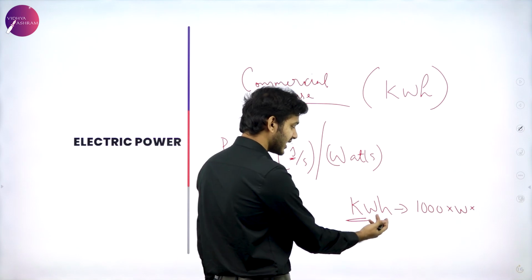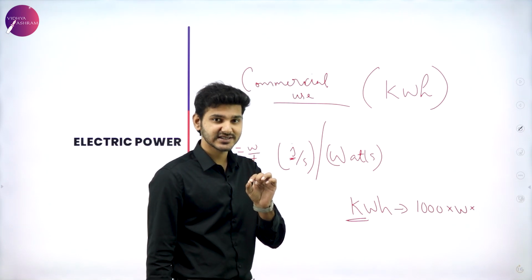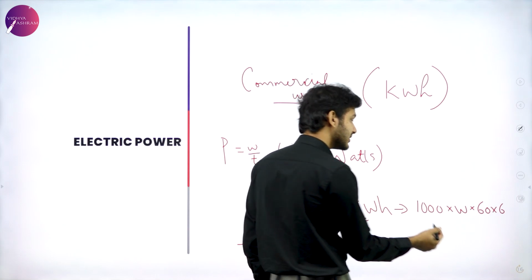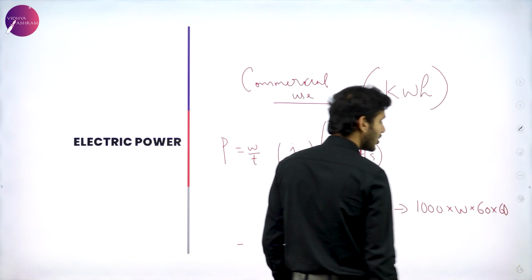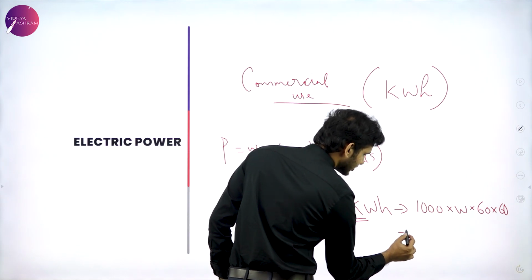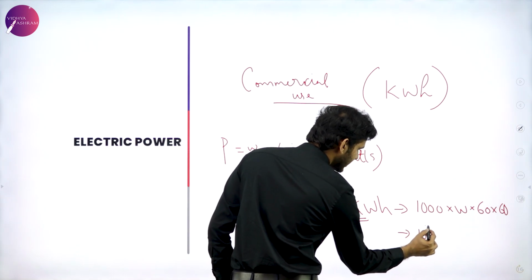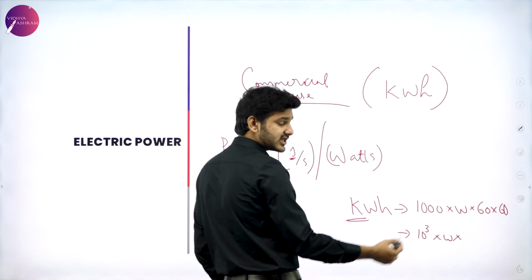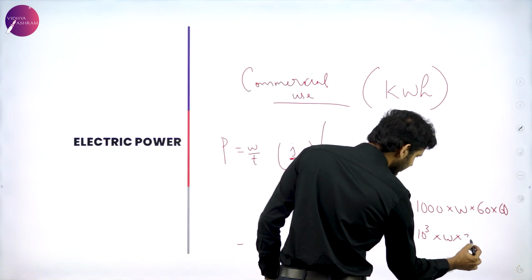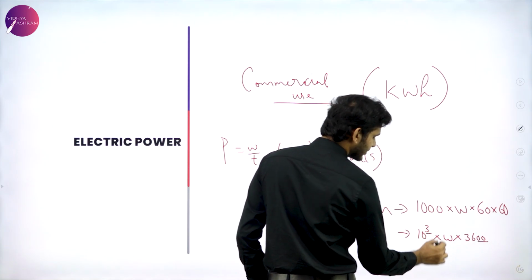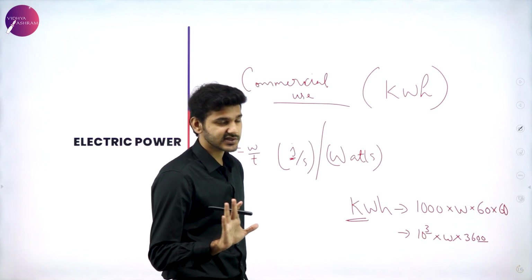W is watts, and hour. 1 hour is 3600 seconds. 60 seconds into 60 minutes will give you 1 hour. So this will become 10 raised to 3 into watts into 60 into 60, that is 3600. So we have 2 zeros here and 3 zeros here. So we have a total of 5 zeros.